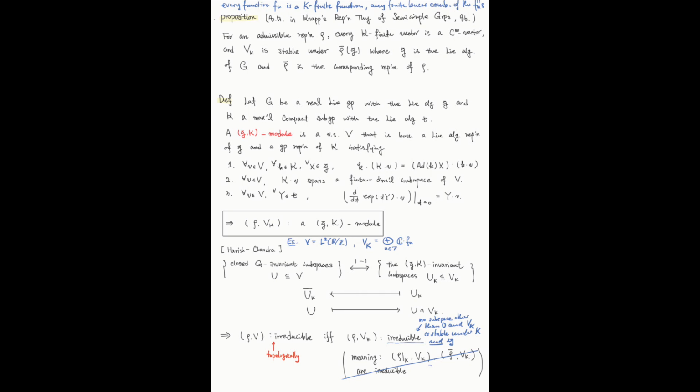So it's easy to find lots of subspaces which are G invariant but not closed. Those non-closed subspaces we are not interested in. They are somewhat pathological. The right definition: the representation is irreducible, meaning the restrictions to K, VK, and rho bar VK are irreducible, right?